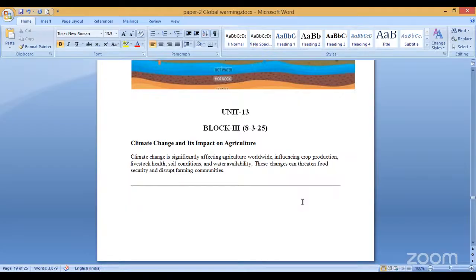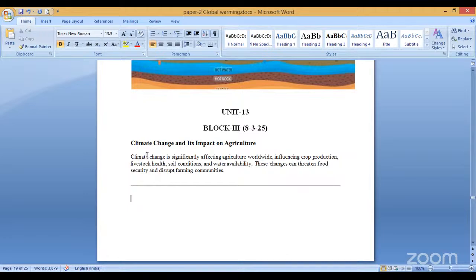How that particular climate can be changed, we already discussed: how the climate can change, what are the reasons, how it affects human health, what are the policies, and how the government has reacted. All these things we just recalled. Then in today's class, we are going to discuss the impact on agriculture, how changes in climate can impact agriculture.